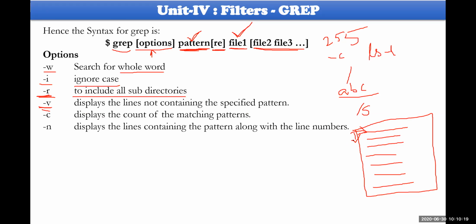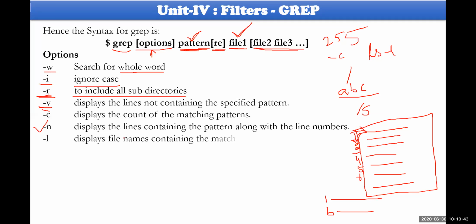This is the first line, second line, third line. For example, if the pattern is in the first and sixth lines, they are displayed with the pattern highlighted in red, along with the line numbers.